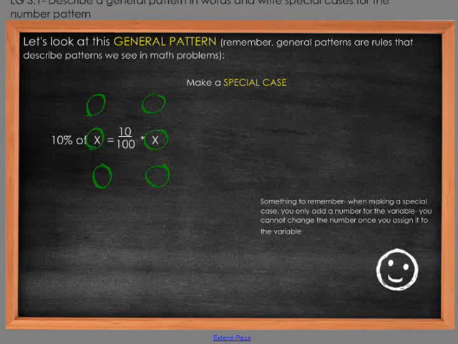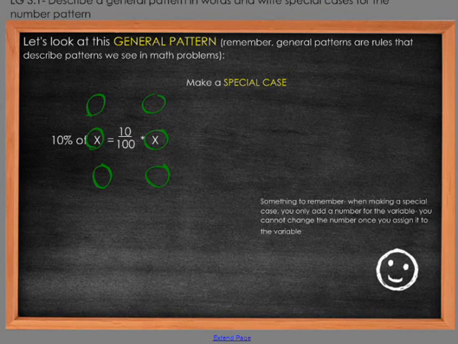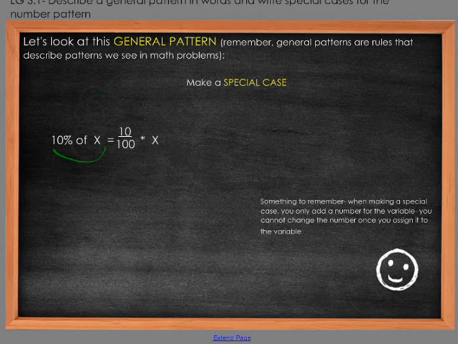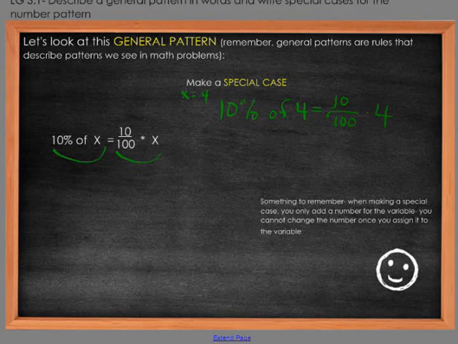One thing to remember about the variables is whatever number I substitute in for x on this side of the equation, I must substitute for x on this side of the equation. So let's say I want to have x equal 4 in my first problem. To find 10% of 4, I would take 10 over 100 and times it by 4.